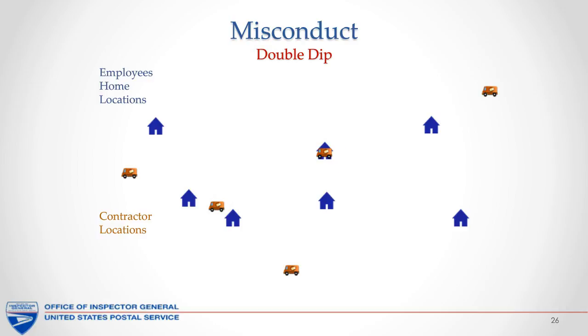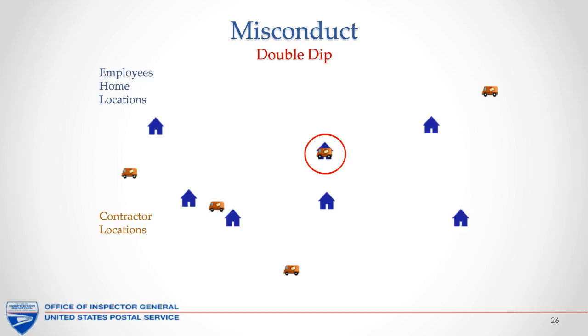And we found quite a number where either it was the same person or it could have been another household member that was the contractor. And at one location, we had a postmaster who had hired his wife for snow removal, and she was paid $32,000 one winter for removing snow, but she actually did zero snow removal work. So that's one thing that we found out of this particular project.